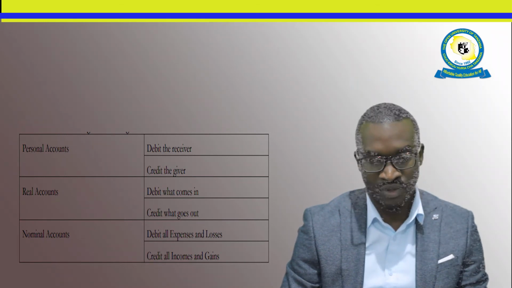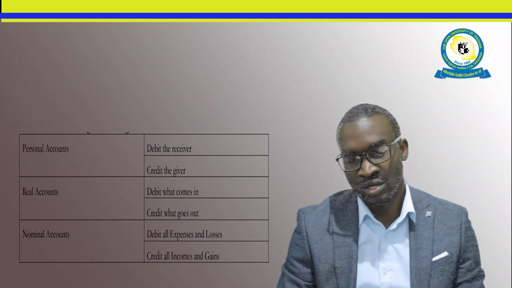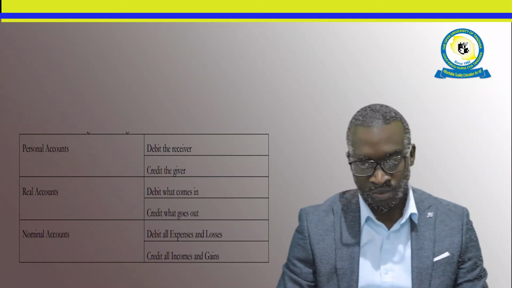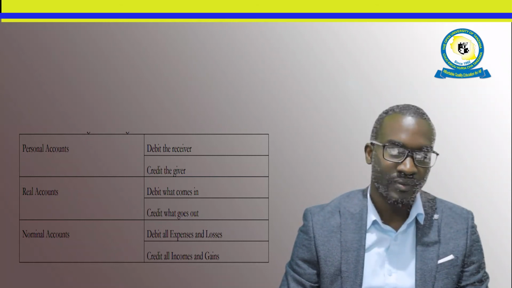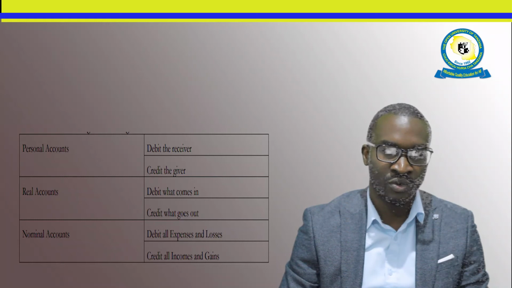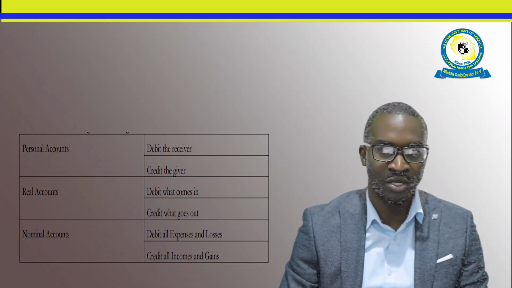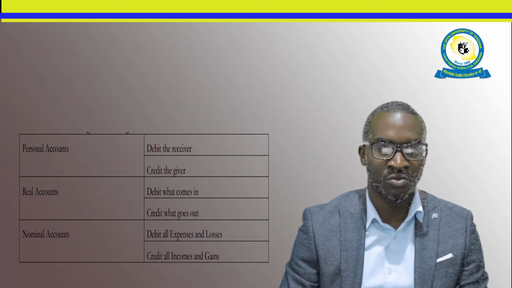Now let us see some examples to illustrate what I'm trying to say. I'll give an example under the real accounts. Let us say a transaction that involves cash, maybe you're going to pay for a certain expense.